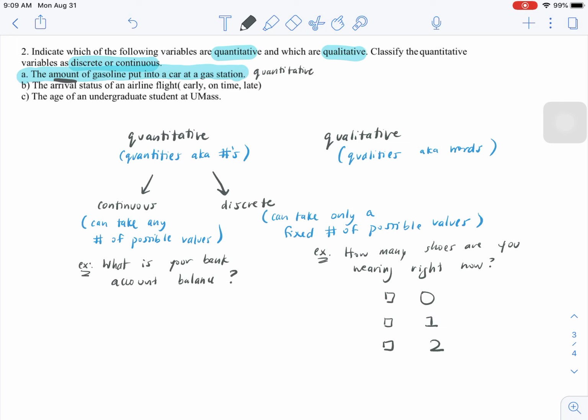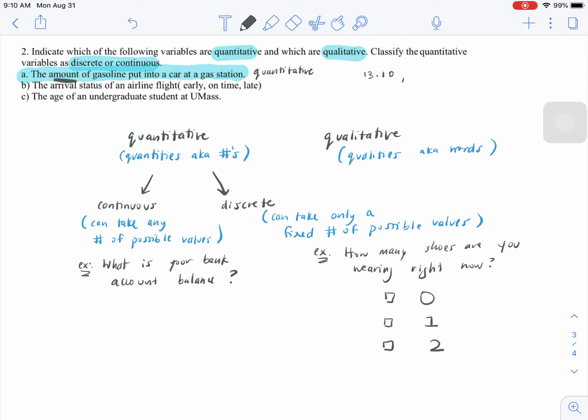Next, I want to figure out if it's continuous or discrete. Well, if I think about when I'm filling up my car with gasoline, on the meter, it tells me how many gallons I've put in, right? It tells me I might put in 13.1 gallons.